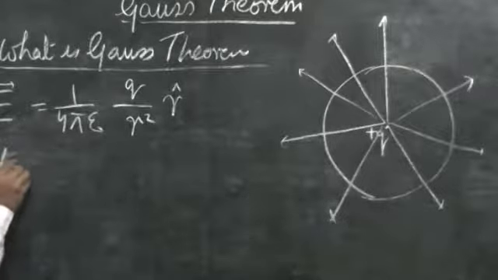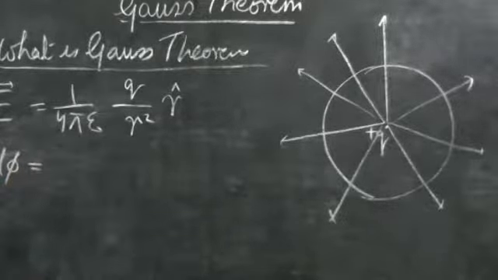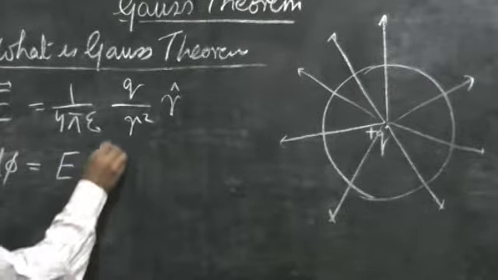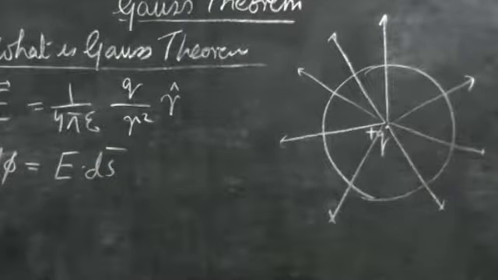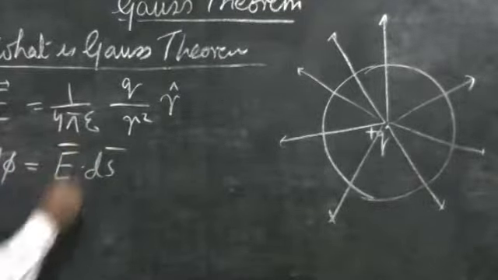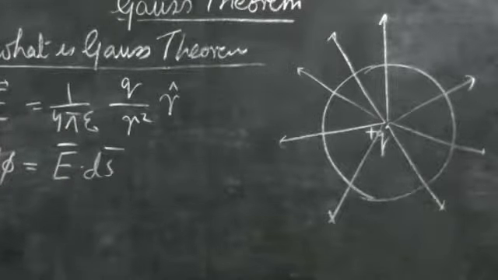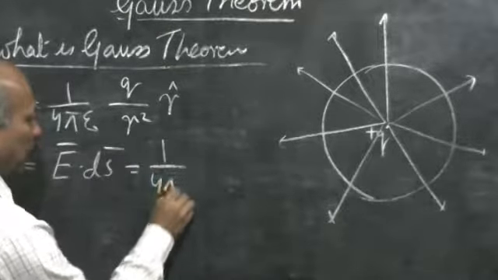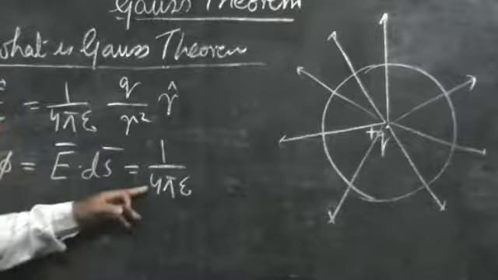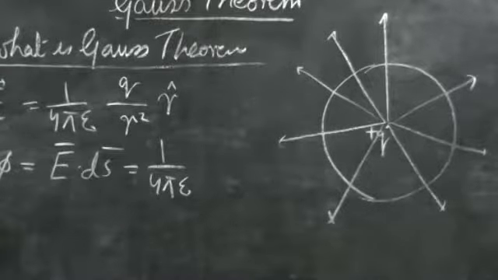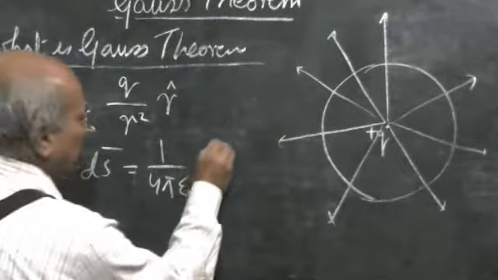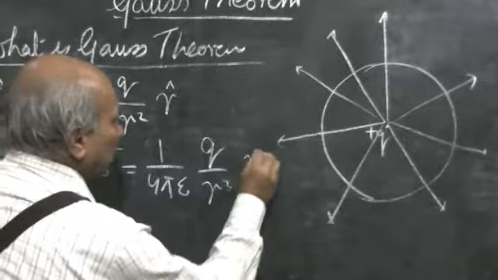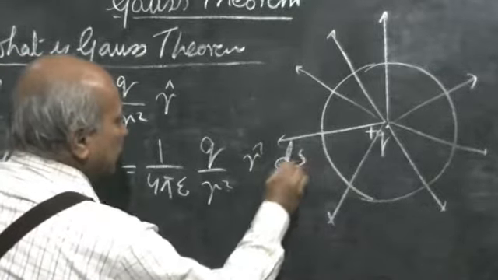But flux, this is a small flux d flux, is equal to E dot ds. This is equal to 1 upon 4 pi epsilon naught, Q upon R square, unit vector into ds.